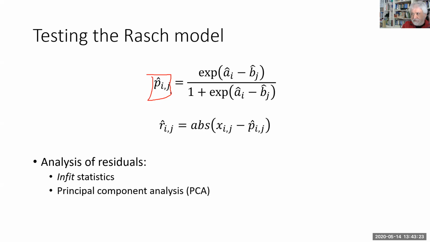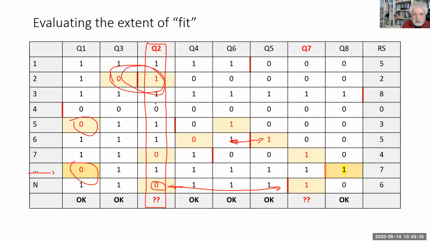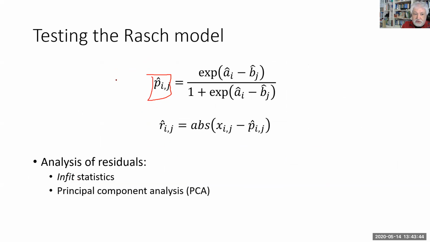So for every cell in your table, you can have an equivalent table in which instead of 1 and 0, you have the expected probability. So this will be a number between 0 and 1 that you calculate by simply applying the logistic formula. Okay?